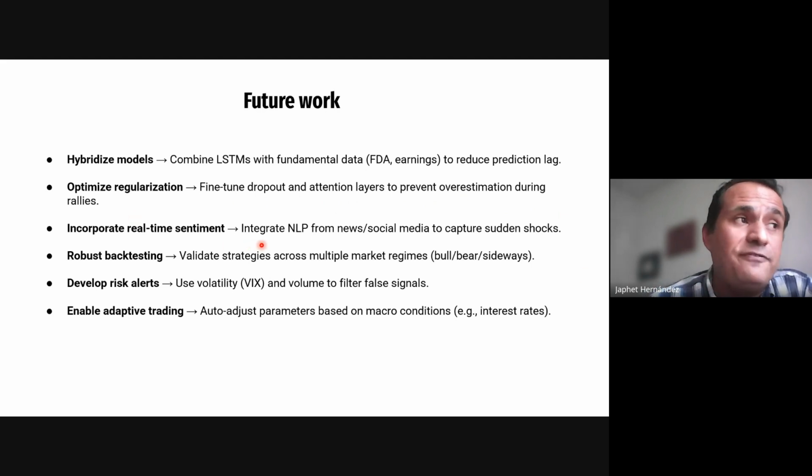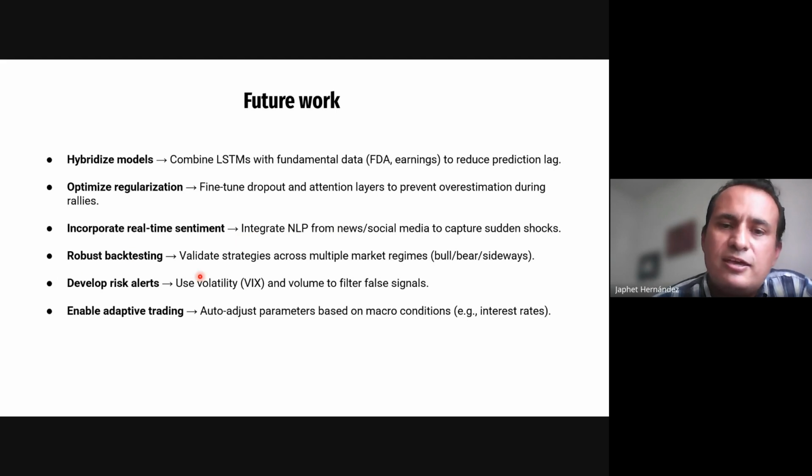And something that, in fact, I was kind of sad about not integrating into the project is incorporating real-time sentiment. So we could integrate natural language processing from news and social media to capture sudden shocks, actually quantifying the sentiment of the market.